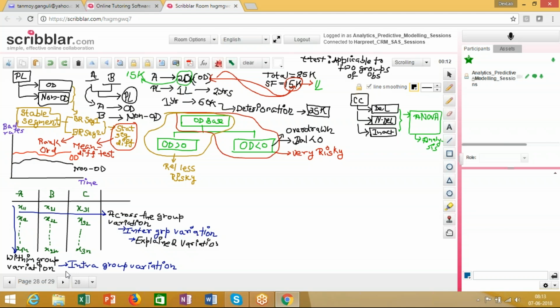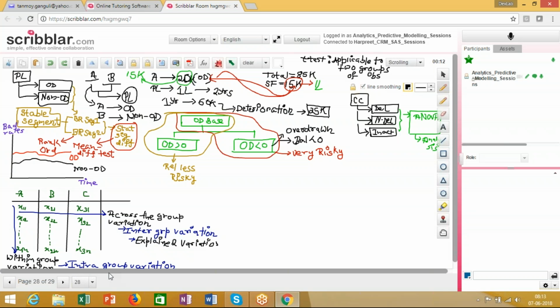So over here, this intra-group variation that I have is an unexplained variation.